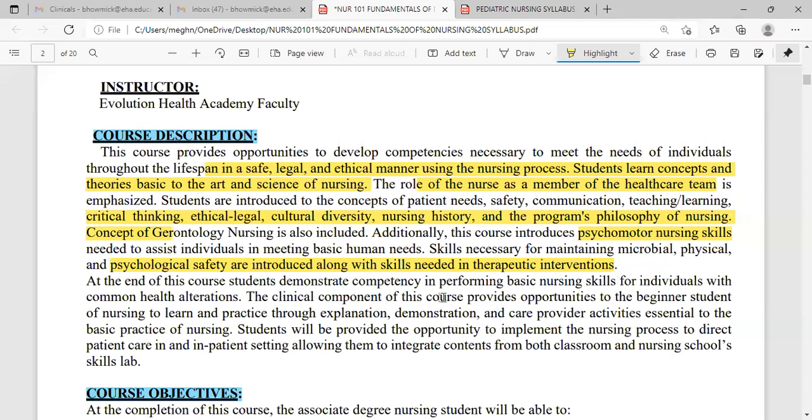The clinical component of this course provides opportunities for the beginner student of nursing to learn and practice through explanation, active participation or demonstration, and also care provider activity essential for the basic practice of nursing, right? And as I told you, students should participate in the active learning system and improve. We always try to improve the student outcome.